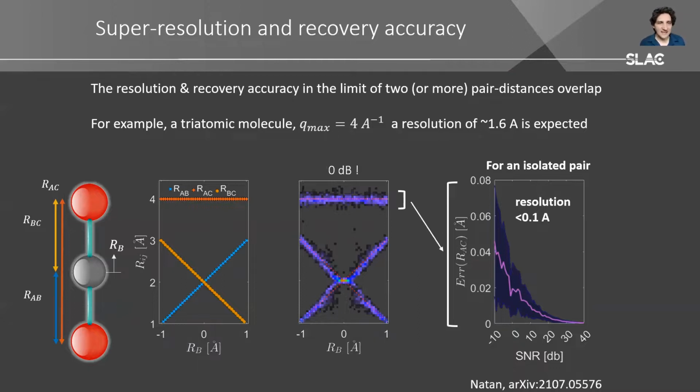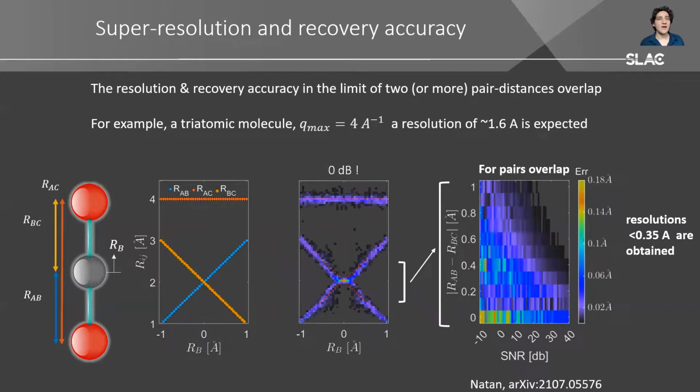Here, the line of that plot is the average error, and the shaded area is the standard deviation from the 20 realizations. Now, for the case of the pairs that start to overlap, we show the average accuracy error in this color map as a function of the noise level and the distance between the pairs.